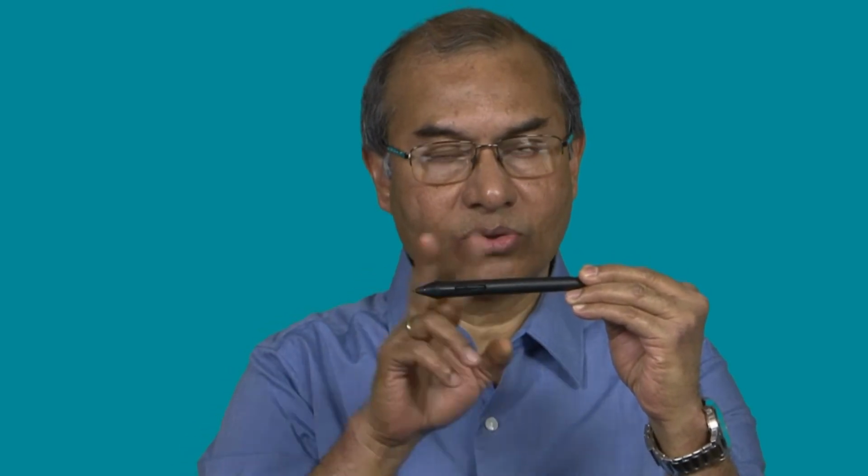One will try to bend the cantilever in this plane, and the other will try to bend the cantilever beam along another plane, and those two planes are mutually perpendicular.